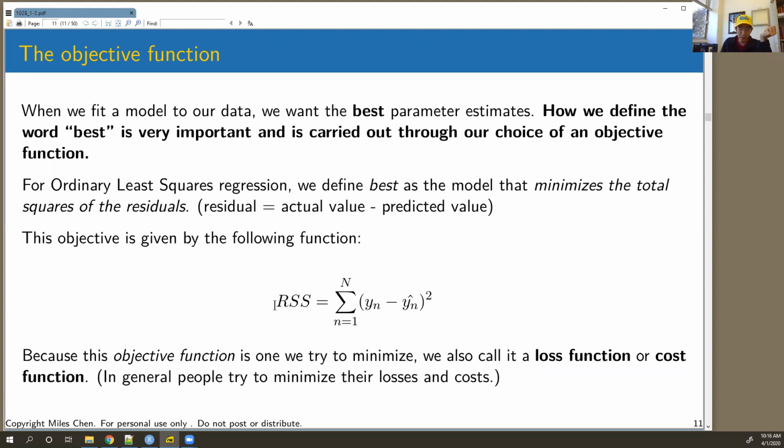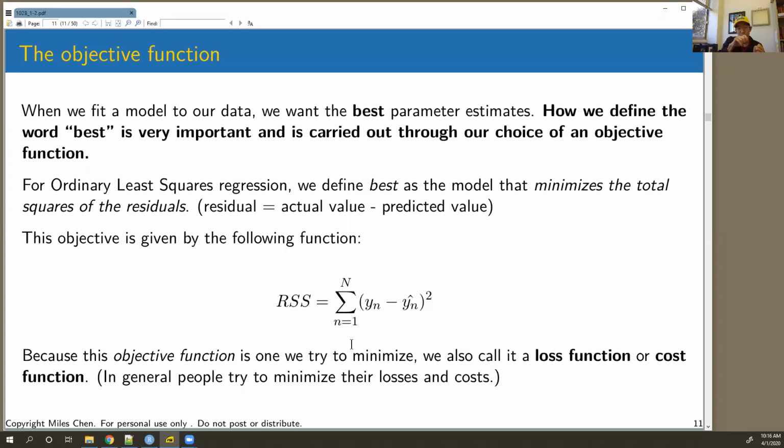I'm hoping this is all review and very familiar to you, but this is just the concept of the objective function. It's a way we're going to evaluate how good the fit is between our model and the data, and we want that fit to be as good as possible. And it's good when this RSS is small. So this objective function is one that we're going to try to minimize. Some objective functions you want to maximize, other objective functions you want to minimize.